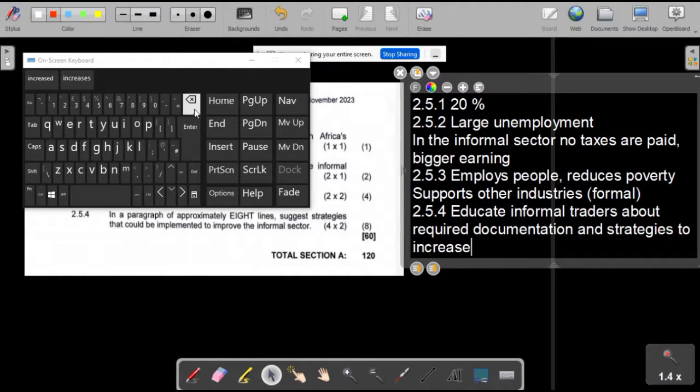I'm actually writing it now. The chances of loan approval.